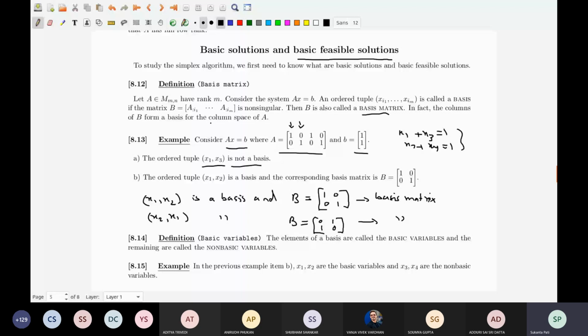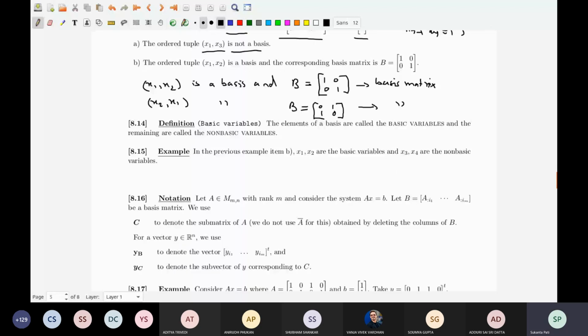Elements of a basis are called basic variables. So for example, in this case, x1 and x2 are basic variables, and x3 and x4 are non-basic variables.